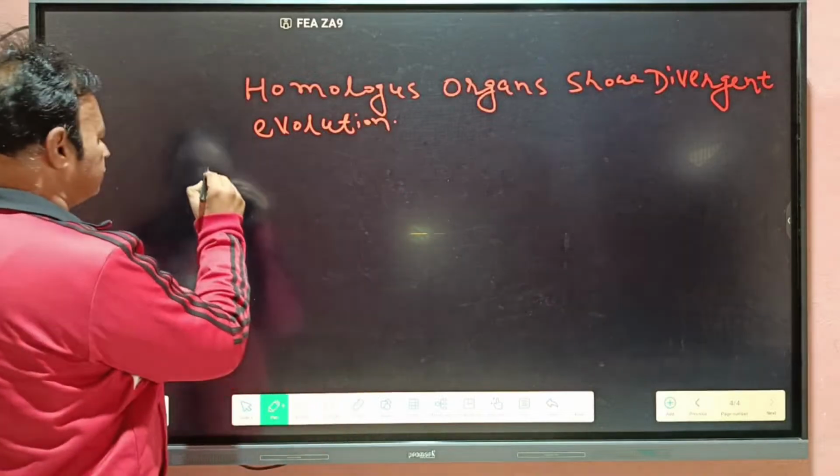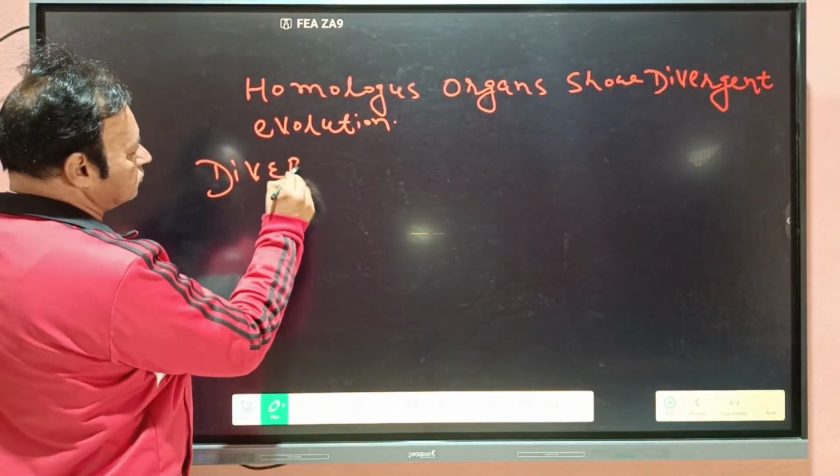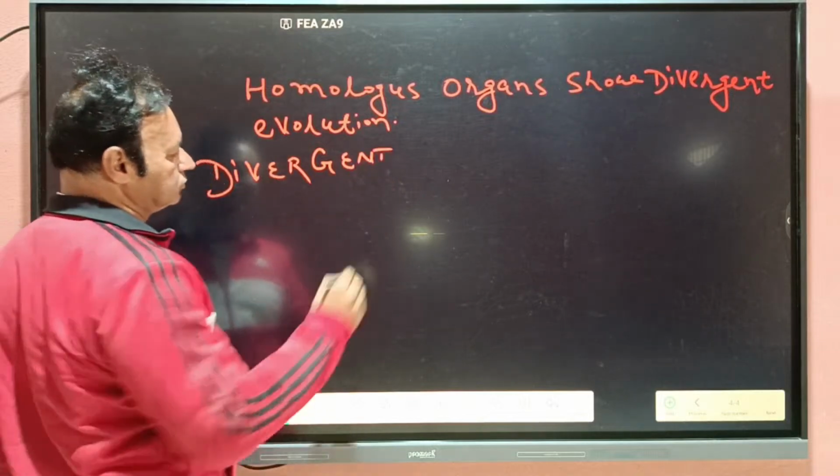What is divergent evolution? How will you define divergent evolution?